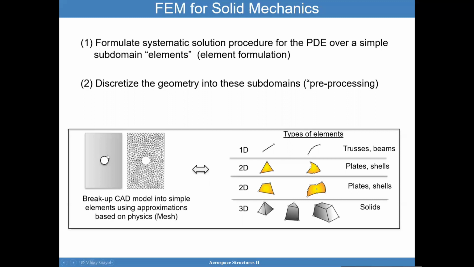So there are many ways to discretize structures. In this case, a triangle was used, but you could use quadrilateral elements. If you're looking at 3D, you could use 3D elements. And if you have situations where a structure is fairly slender, very long and slender, then maybe a beam or truss is more appropriate.